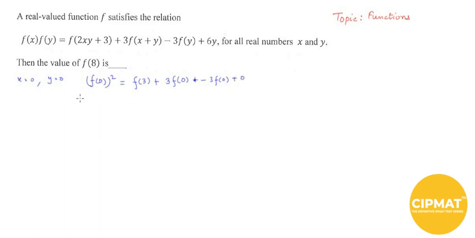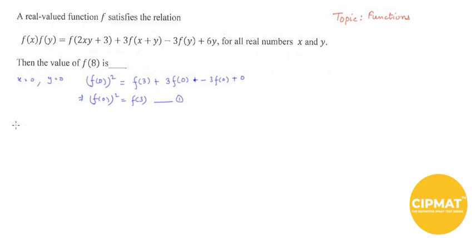From here I can conclude that f(0) squared will be equal to f(3), right? Let's put this as equation 1 and we will maybe use this relation somewhere later.